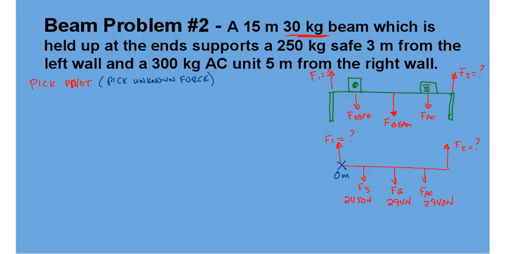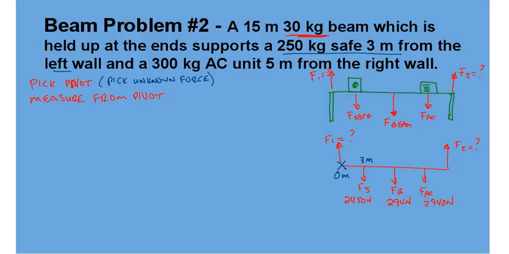Okay, let's measure all the other distances then, because that's step number 2. Measure from the pivot. All right, they told us here that the safe was 3 meters from the left wall. So if I start at the left wall, which is the pivot point, this would be 3 meters.